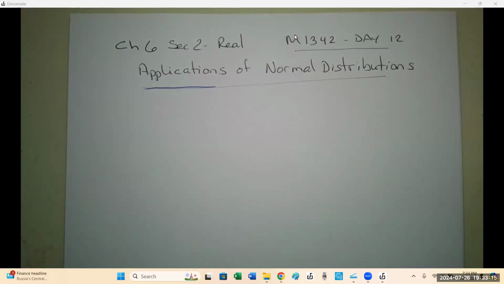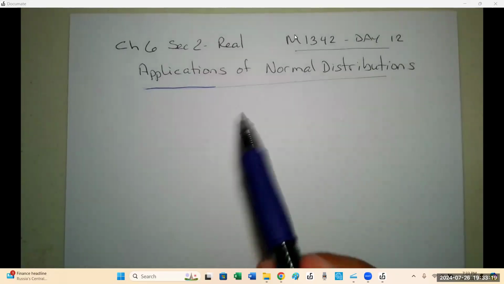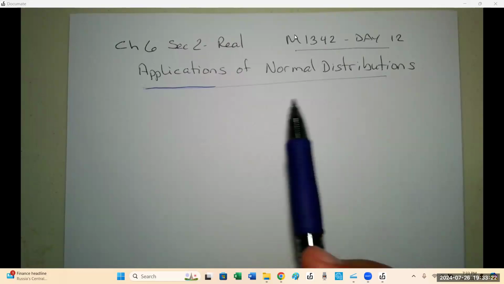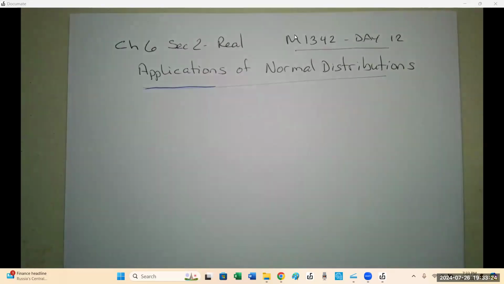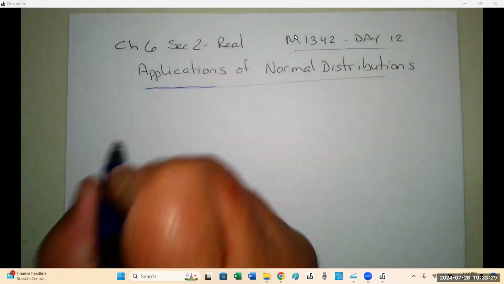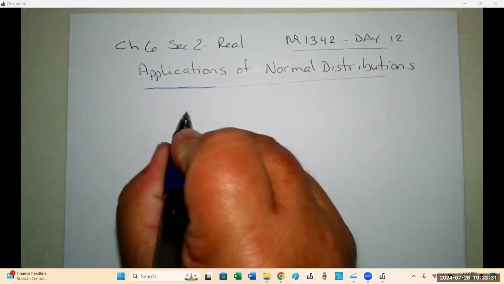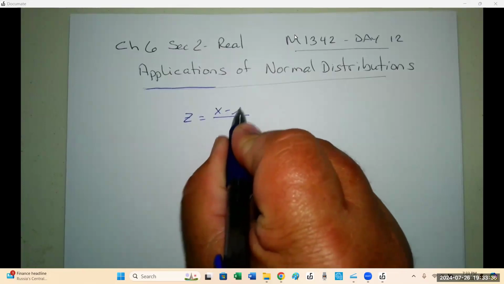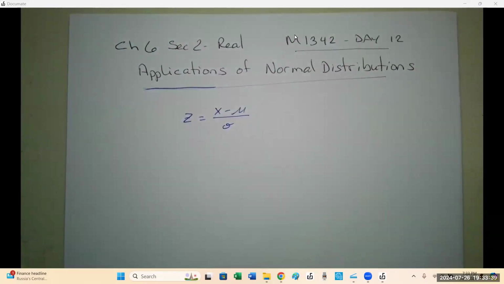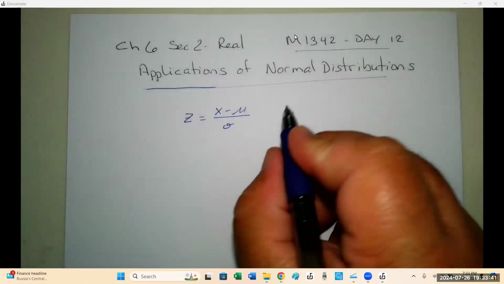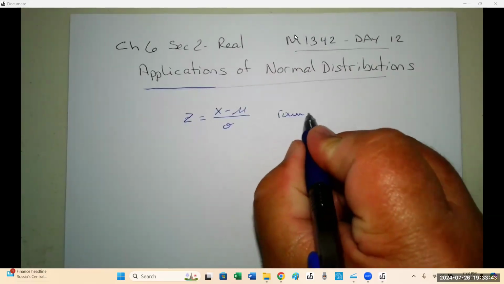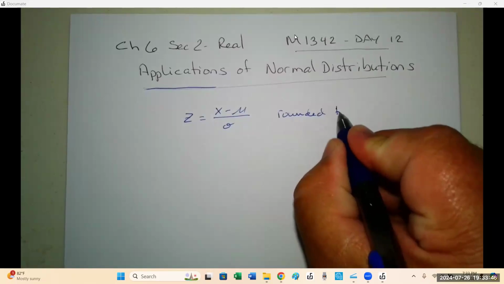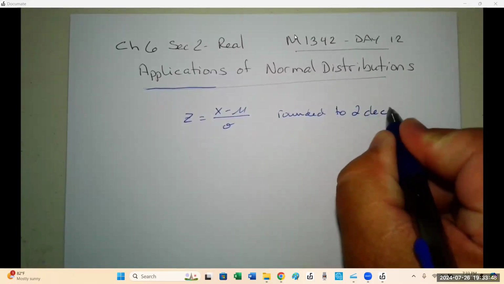The claim to fame of this section is that up until now, we've always had to look at standard normal distributions. But now we don't have to, because now we use our formula for the z-score, x minus mu over sigma, rounded to 2 decimal places.